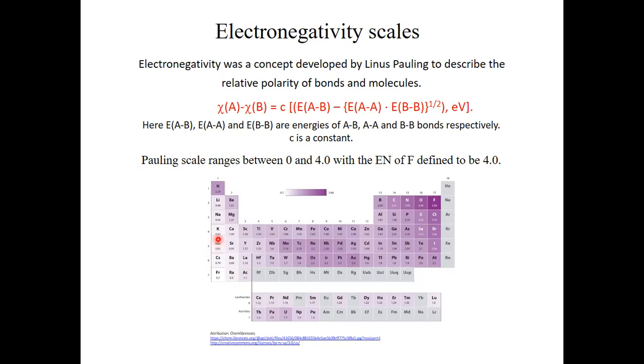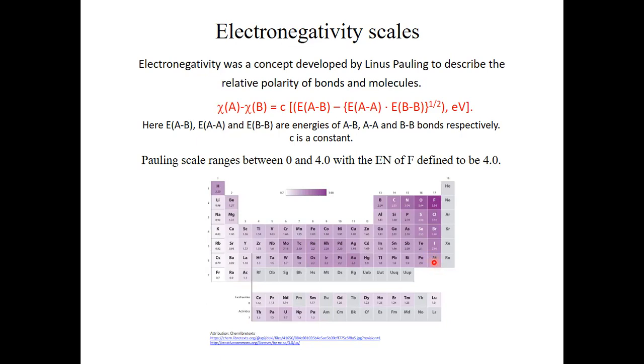And as a third trend, we can see that the electronegativity tends to decrease as we go down a group. This trend actually holds strictly for the main group elements. So you see for the first group, for instance, a decrease in electronegativity. For the second group, it's true. And for all the other main group elements, this trend holds true.